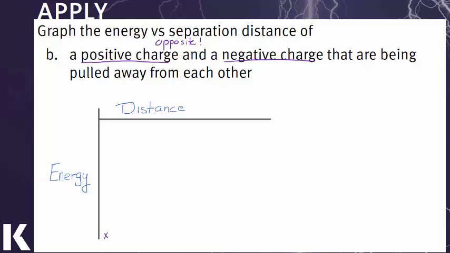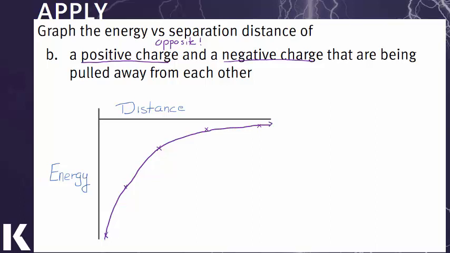So their energy would be at a minimum. And as we start to pull them apart, our energy is going to get higher and higher. So we'll be increasing the potential energy as we separate our two charges.